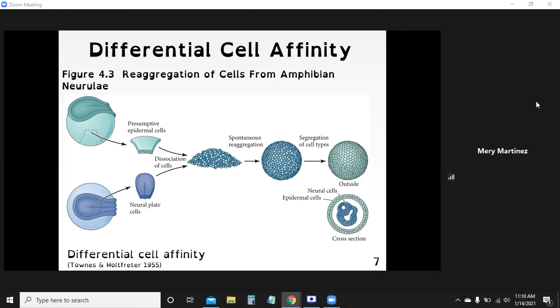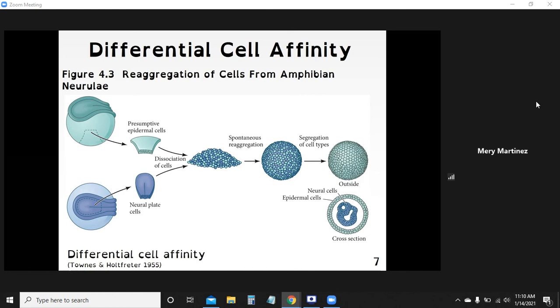The mixed cells became randomly segregated all around, and then they reaggregated. The epidermal cells were outside, as we see here, while the mesodermal cells, which were supposed to be in the ventral part, migrated centrally, beneath the neural cells.